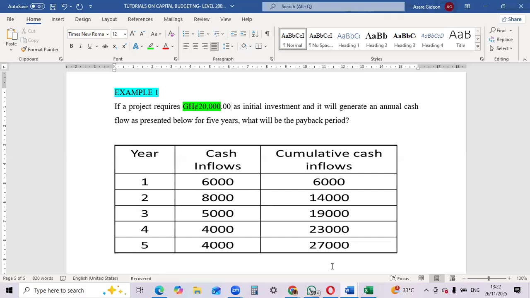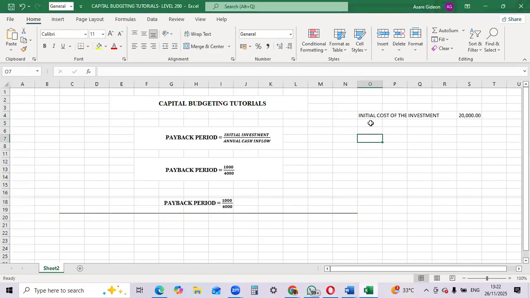Because now we are looking at 20,000, but the third year is giving us what? 19,000. So when we take out 19,000, the cumulative is 19,000.